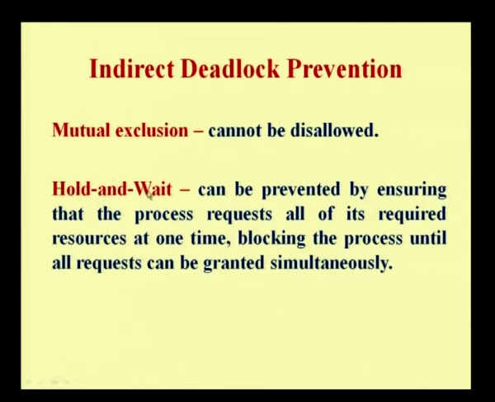Second point is hold and wait. First I will read out this point and then I will give you an explanation. Hold and wait can be prevented by ensuring that the process requests all of its required resources at one time, blocking the process until all requests can be granted simultaneously.